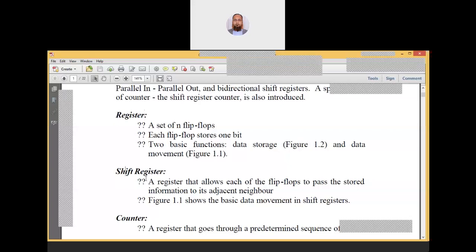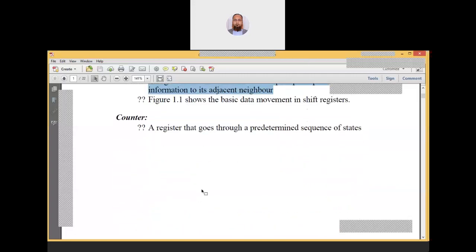A shift register is a register that allows each of the flip-flops to pass stored information to its adjacent neighbor. So whatever the nearby flip-flop is, the previous flip-flop will transfer data to this flip-flop. How it will happen, we'll see.